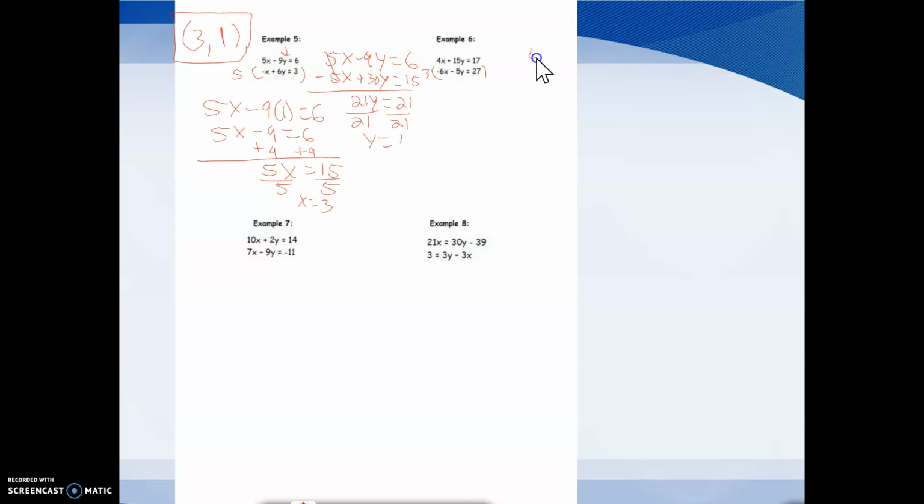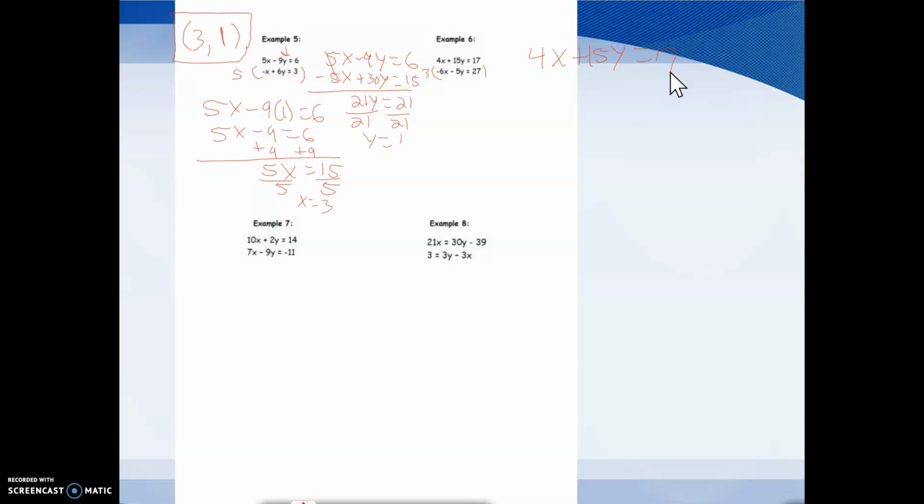So let's rewrite the top one, right? 4x plus 15y equals 17, right? And then I'm going to multiply the bottom one by 3, okay?